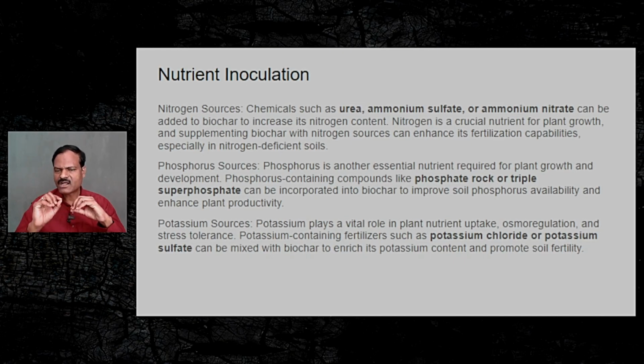Potassium plays a vital role in plant nutrient uptake, especially in osmoregulation and stress tolerance. Potassium containing fertilizers such as potassium chloride or potassium sulfate can be mixed with biochar to enhance its potassium content and promote soil fertility.